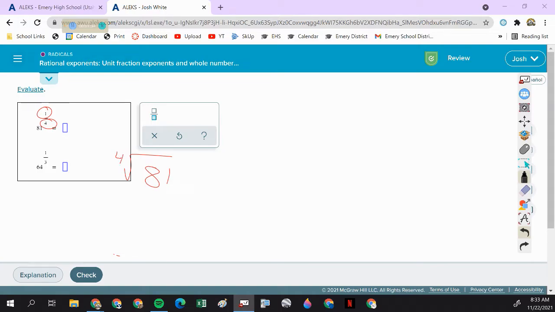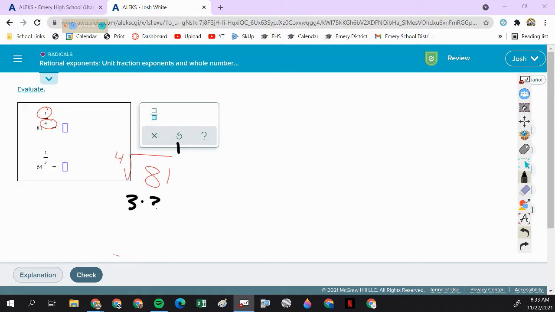Now, you can either put the first power here, or you can put the first power there. It doesn't really matter. Well, sometimes it matters, but it's not going to be an issue in this class. And sometimes putting it on the inside is easier, and sometimes putting it on the outside is easier. So for this one, I'm just going to leave it on the outside.